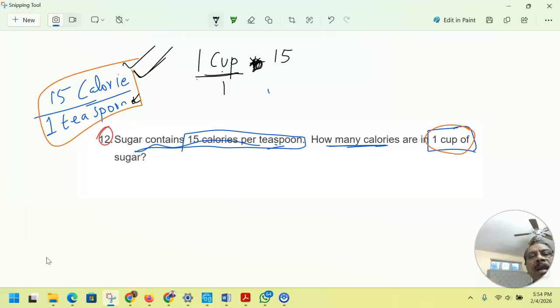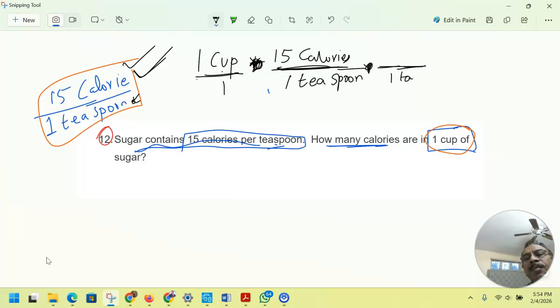It's 15 calories divided by 1 teaspoon. So this is teaspoon. I'm writing everything in detail. Then we'll convert this into a tablespoon. That means we know 1 tablespoon has 3 teaspoons.